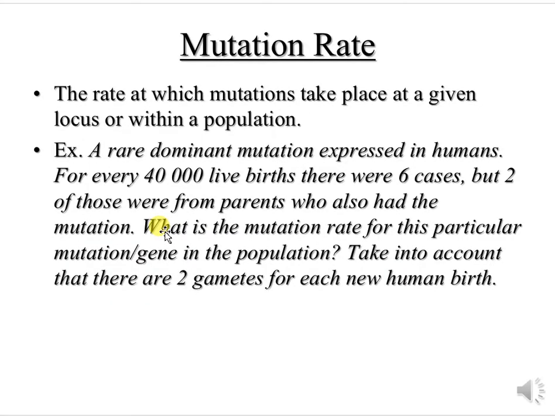So not only is it important to understand the cellular location of the mutation, but it is crucial to understand the rate or frequency at which it's occurring. So this is called your mutation rate, and that's the rate at which it occurs in a population or at a specific locus of the chromosome. Now, by knowing the mutation rate, you can predict the frequency of a mutant allele in a population, or investigate if parts of the genome mutate faster than others.